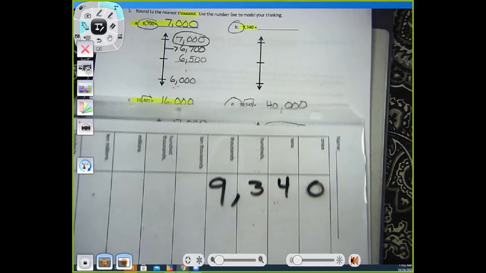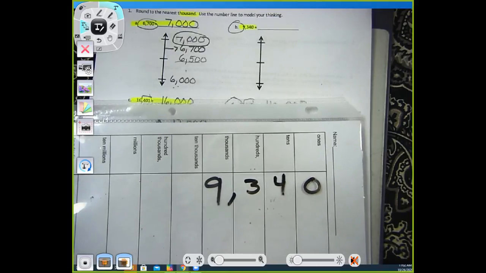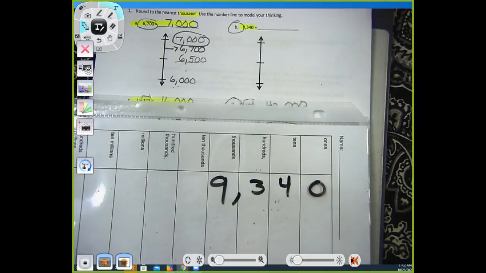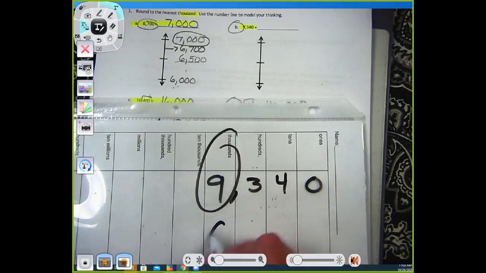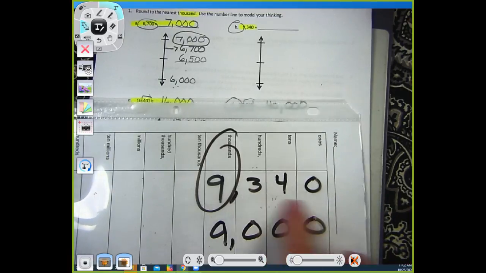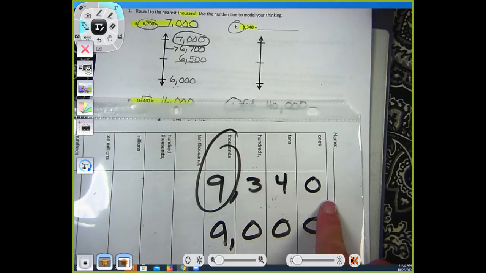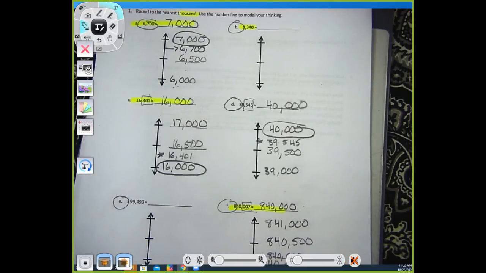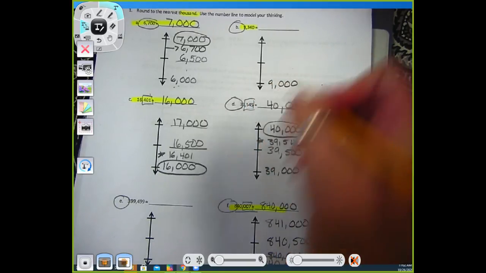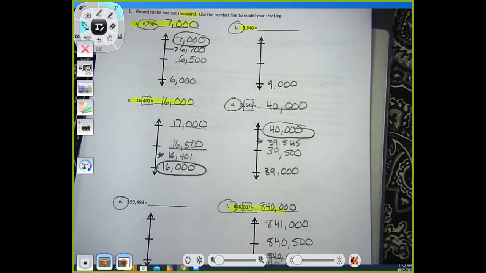What digit is in the thousands place? Ashlyn, what digit is in the thousands place? 9. Yep. So my lower endpoint is going to be 9,000 because everything to the right of my circled number becomes zeros. What is 1,000 more?